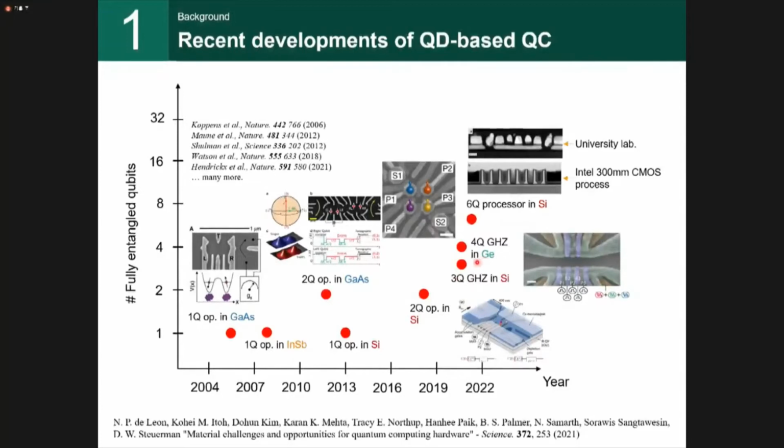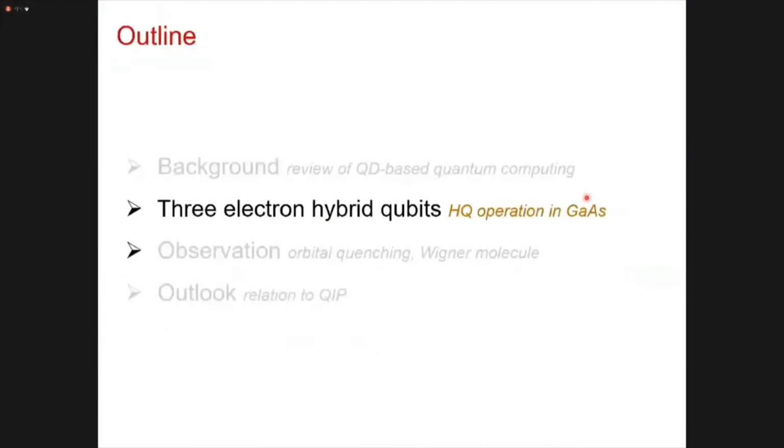Now we are talking about 4-qubit GHZ state generation, entangled state generation in germanium, as well as 6-qubit processor operation in silicon in QTAP. And most recently, companies like Intel Corporation have gotten into the field, and they are making their own spin qubit devices with CMOS processes. So with these beautiful developments, today I'd like to move on to a more complicated spin qubit type.